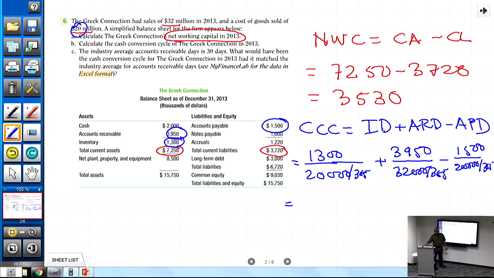So that will give us 23.7 plus 45.1 minus 27.4. All that adds up to 41.4 days.